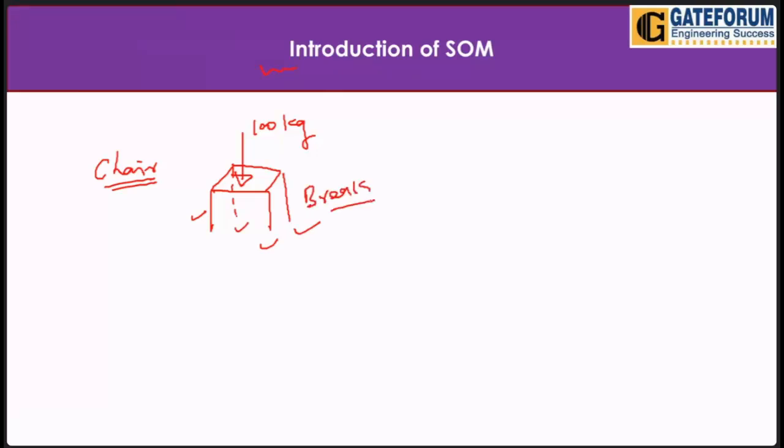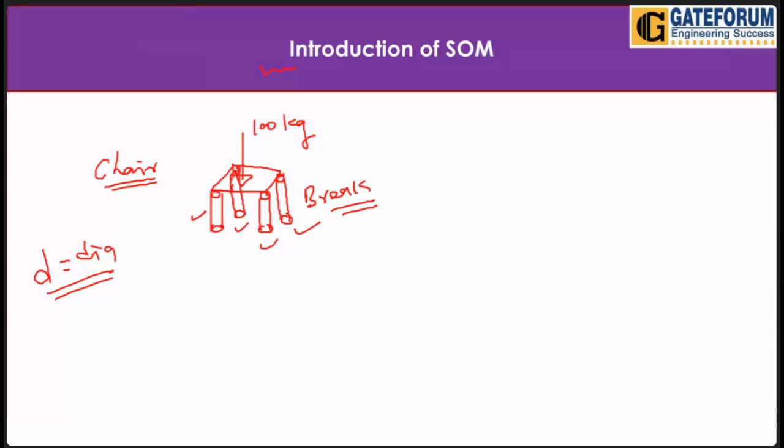We should provide sufficient diameter of the leg. Suppose the first leg has a diameter like this, and the second, third and fourth legs have the same diameter. All 4 leg diameters should be selected in such a way that they sustain this 100 kg load, and none of the legs should break.